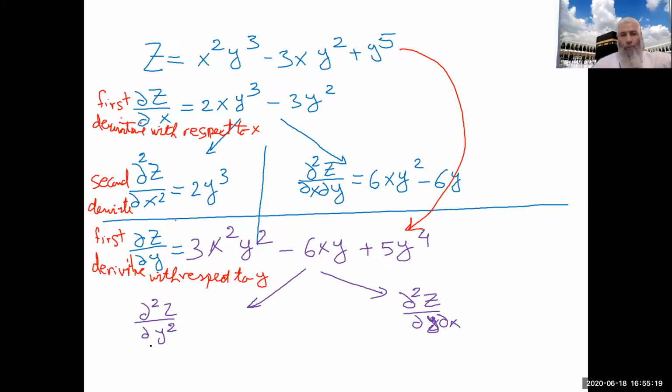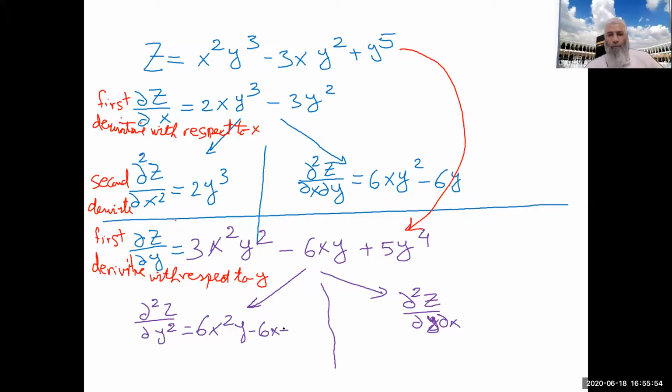So first with respect to y, second derivative, it would be 3x squared multiplied by y, or it would be 6x squared y, right? Am I correct? Yes, yes. Yes, you are correct. And it would be just 6x, right? Just 6x.